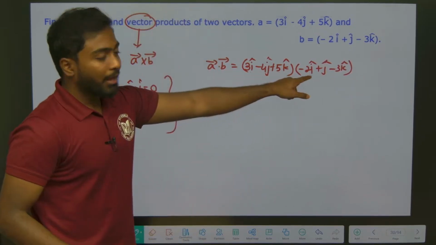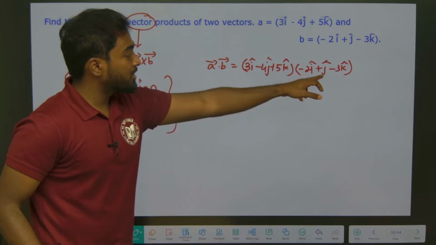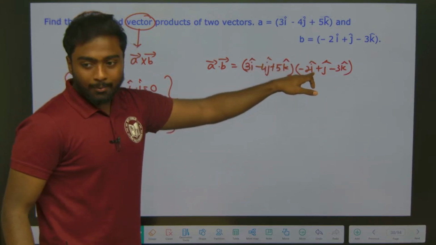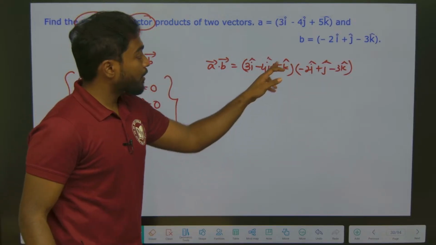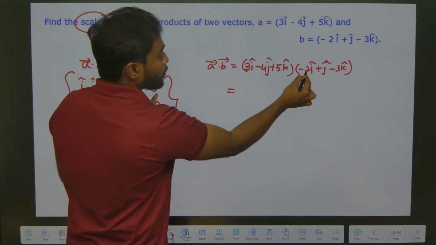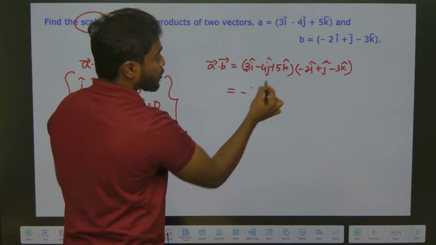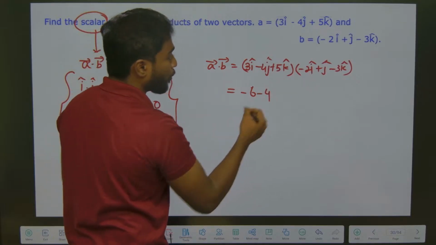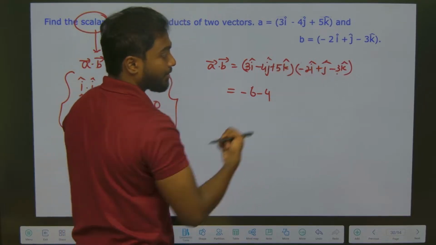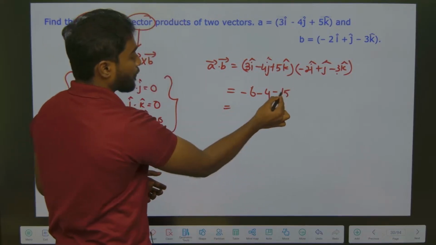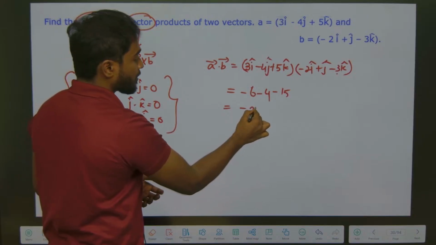I dot j will be 0, I dot k also 0, j dot I also 0, j dot j I can get, j dot k also 0. So 3 into minus 2 is minus 6, minus 4 into 1 is minus 4, 5 into minus 3 is minus 15. So the sum is minus 25.